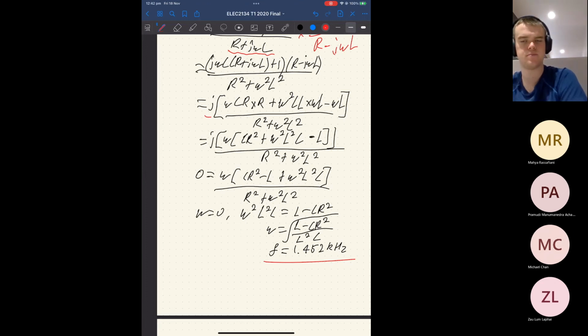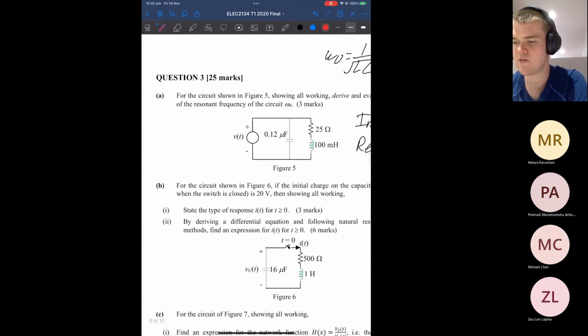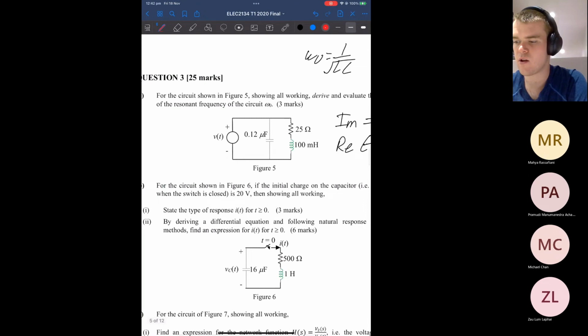You probably wanted to leave it in terms of omega naught since it said to find omega naught, but I just wanted to check with LTSpice to make sure I wasn't crazy.